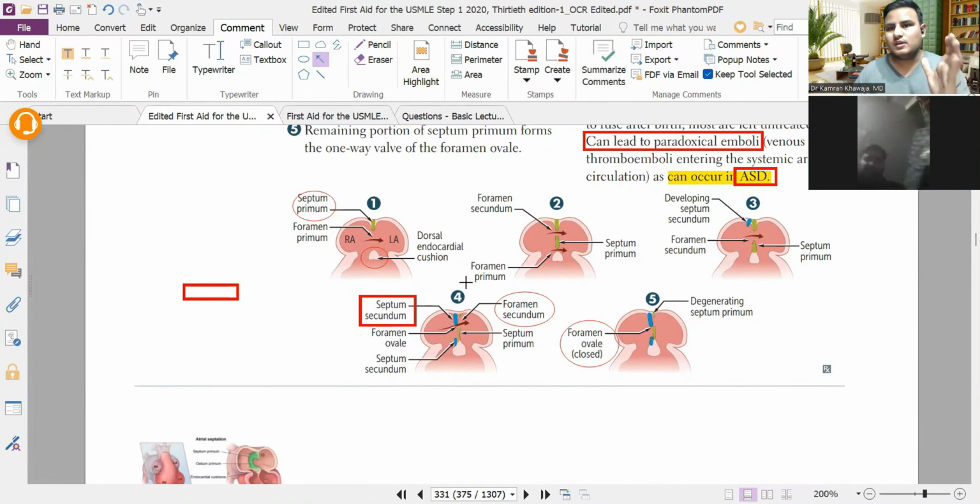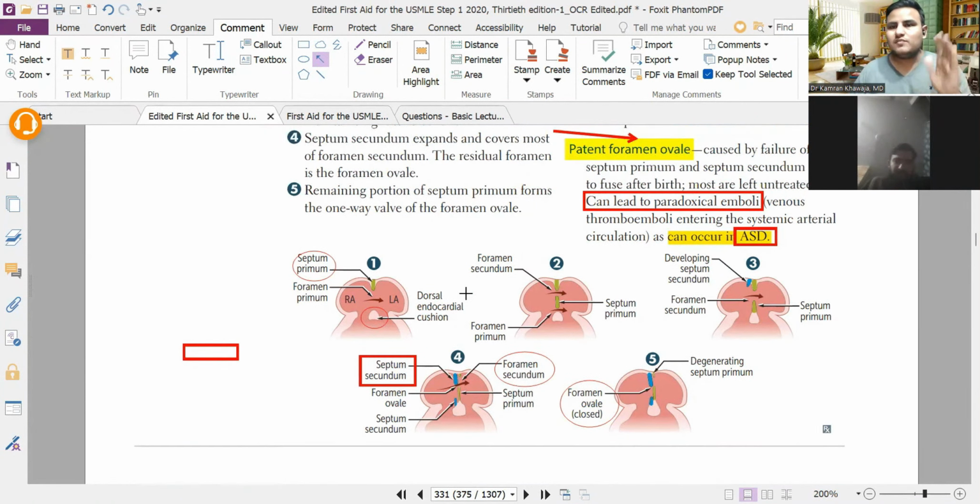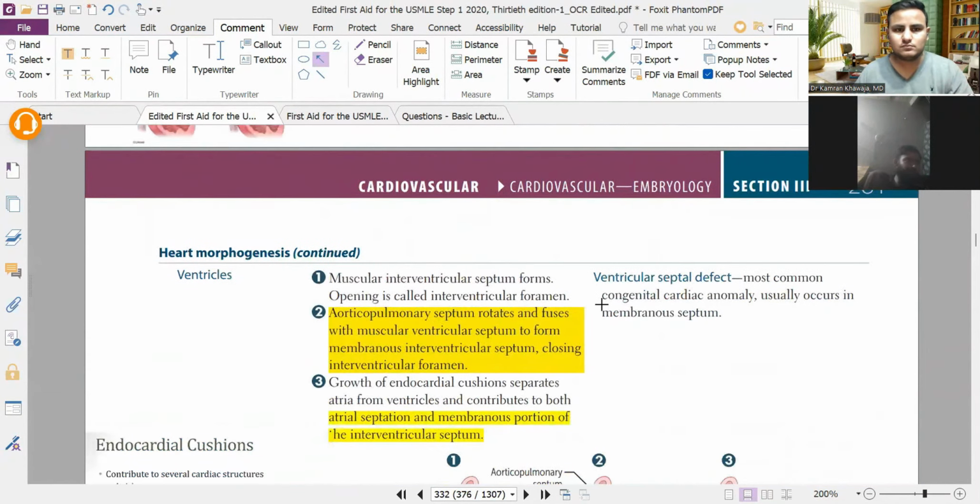This is a very important concept. When venous thrombi go into the arterial system, causing transient ischemic attack and other strokes, that is due to paradoxical emboli. So you know the concept of paradoxical emboli. It occurs in patent foramen ovale and atrial septal defect.